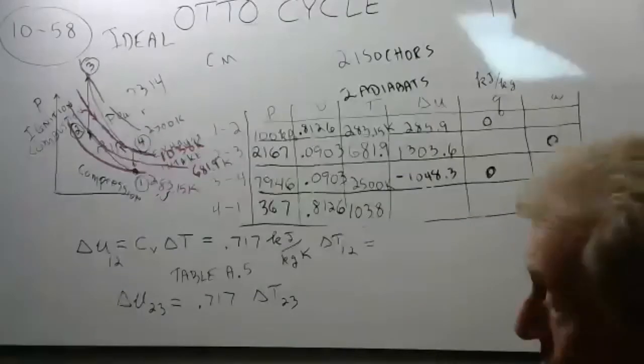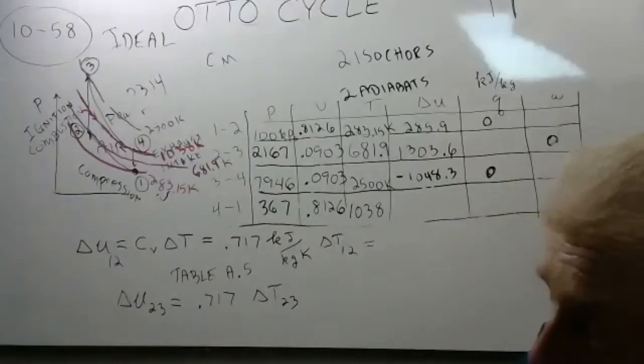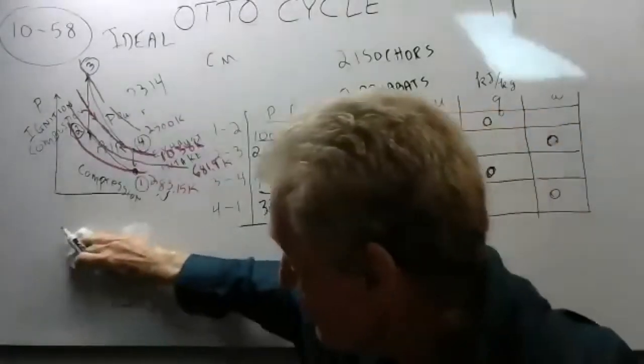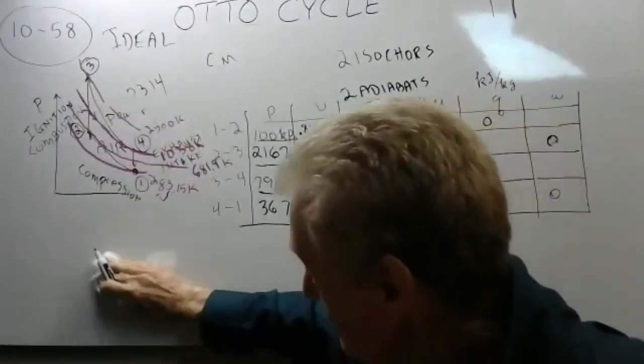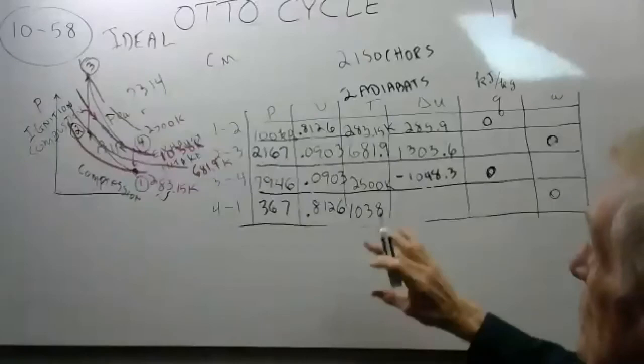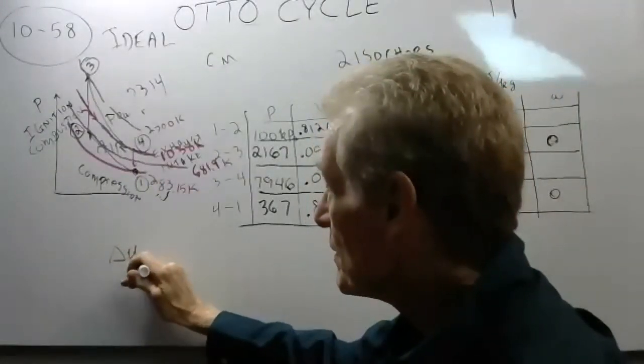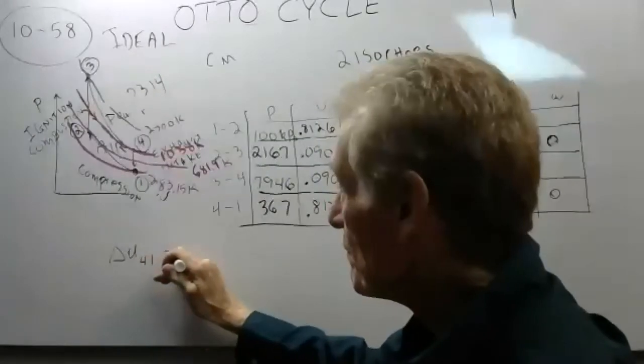Okay, well, let's do this one. Here, I'll write this one out for you. Make sure you guys get this. What I'm going to do right now is delta U from 4 to 1.